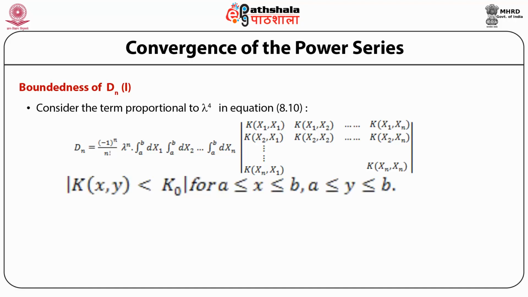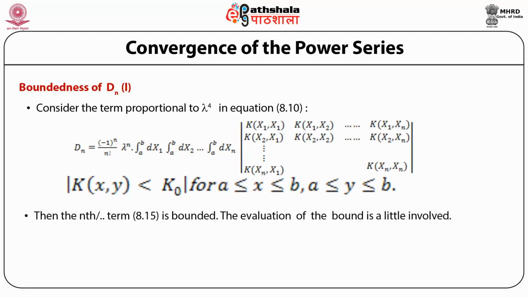Let the mod of the kernel K be less than K naught, some number K naught, for x lying between a and b, and y also lying between a and b. Then the nth term is bounded. The evaluation of the bound is a little involved.